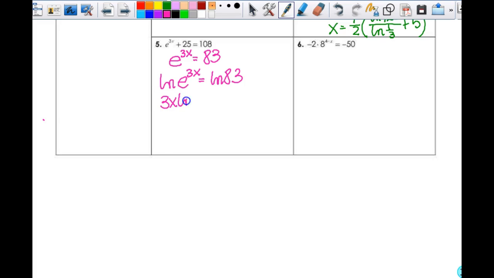So 3x times the natural log of e equals the natural log of 83. So what's the natural log of e? 1. So that means that 3x equals the natural log of 83. So x equals natural log of 83 over 3.